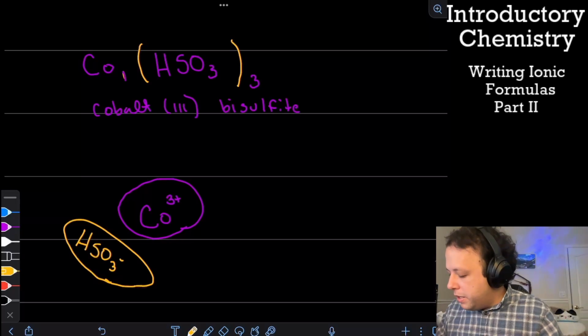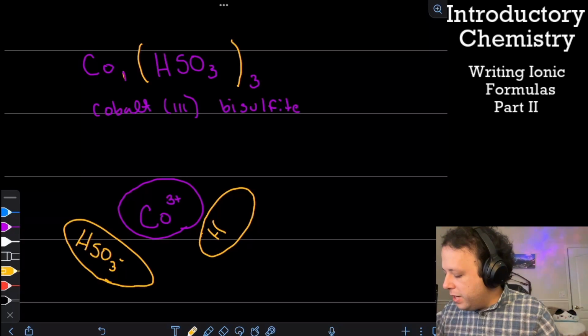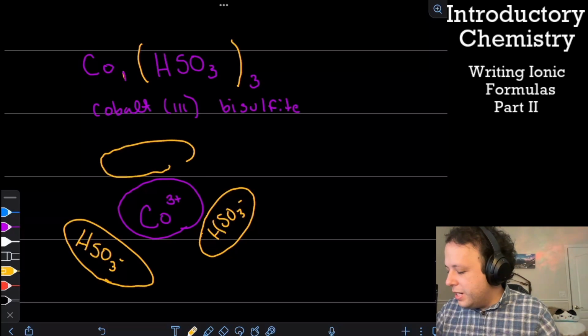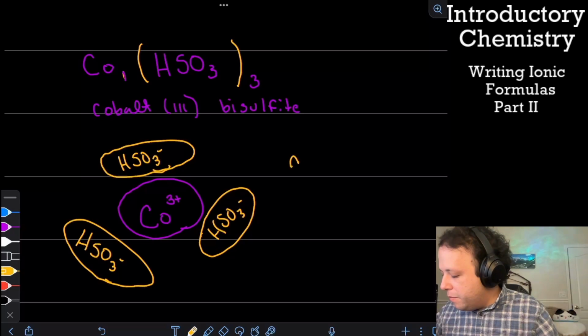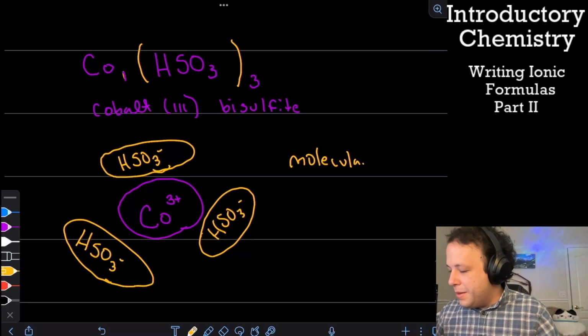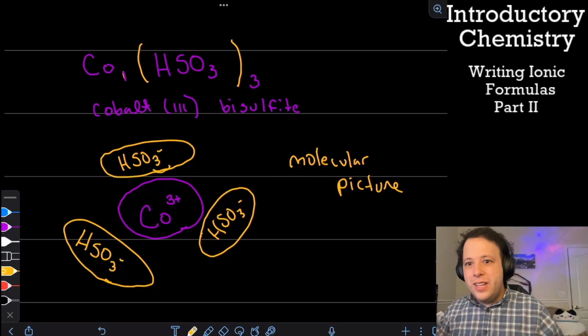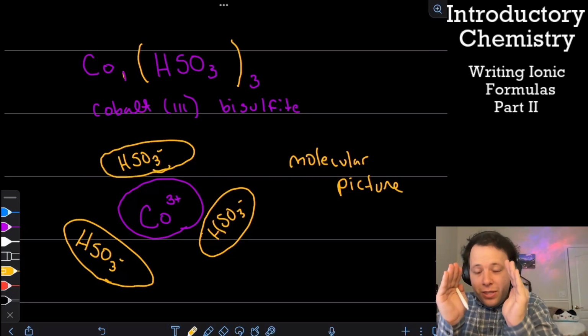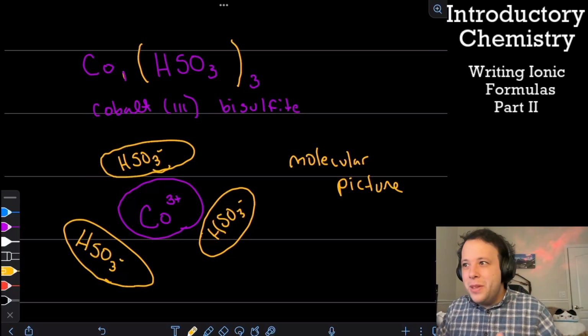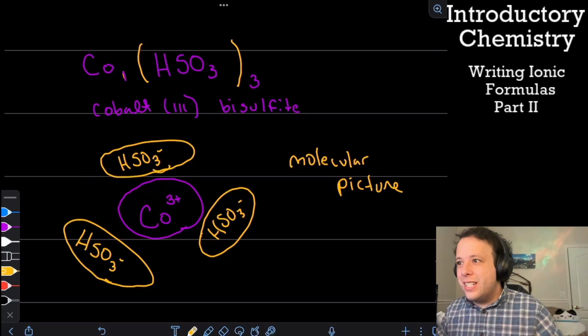We have these little polyatomic ions all bound around, and being that there's 3 of them, we're going to be drawing 3 individual polyatomics on each side. So that's what it looks like on the molecular atomic picture right here. This is our molecular picture where we have those individual polyatomics, and that's what those parentheses are representing when you put that 3 outside of it.